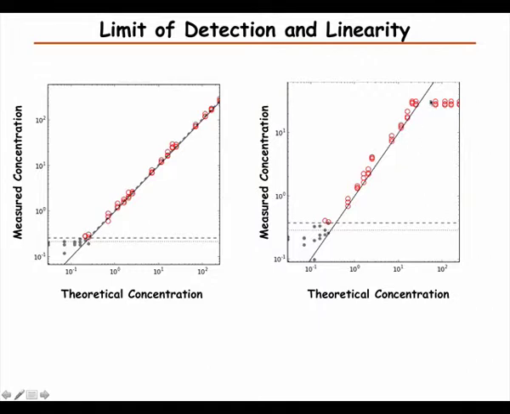Another thing that often happens at high concentrations is that our measurement saturates. We often see some linearity, but then it plateaus out, and this is quite common. That's called the upper limit of detection, and this is the lower limit of detection. Between them is where the analytical test is valid.